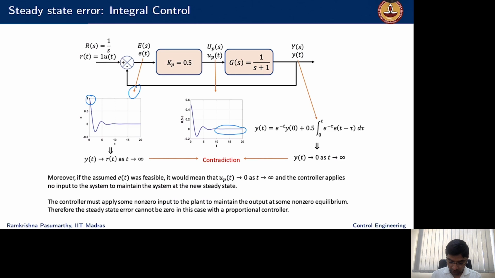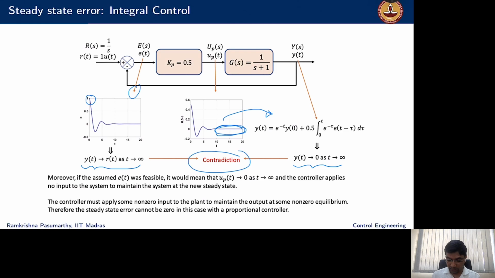So when the error is 0, it means that y tracks r as t goes to infinity. But because the input to the control is 0, if I pump in this reference signal and compute my output, it turns out that y actually becomes 0 as t goes to infinity. So which is a contradiction.